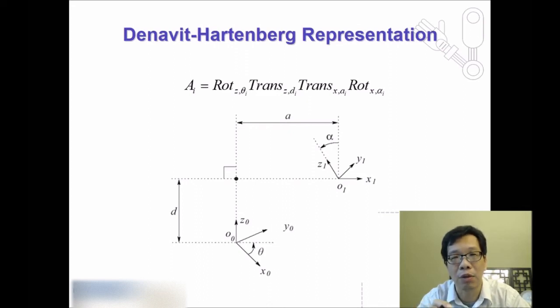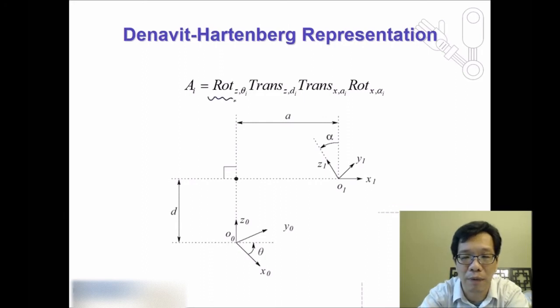But we need to put all the matrices into a specific sequence before we can obtain the transformation matrix. The first one is about the z-axis, and this is about the rotation, which is theta. So if we know that there is an angle theta over here, and that is going to be about the z-axis, then this is going to be the first transformation matrix we need to put over here.